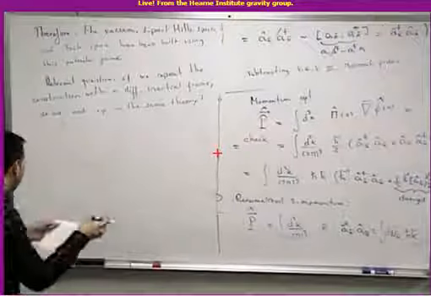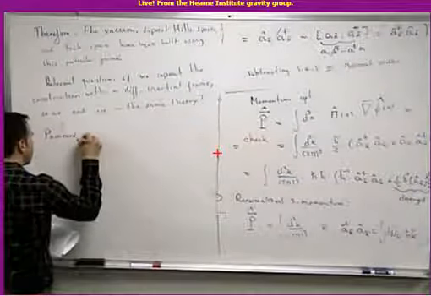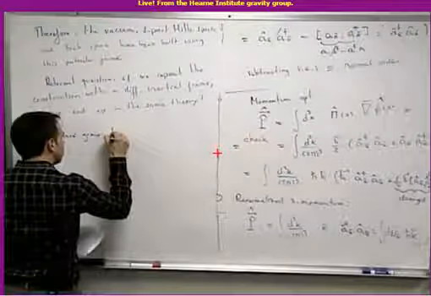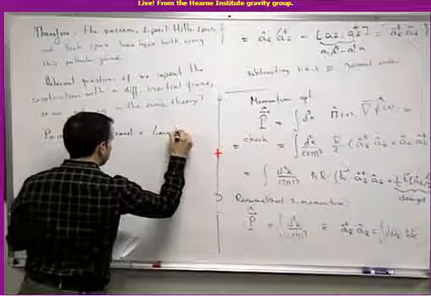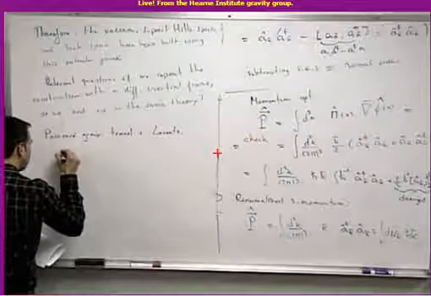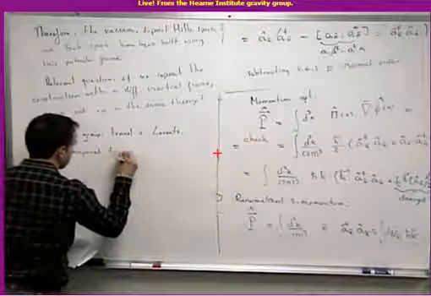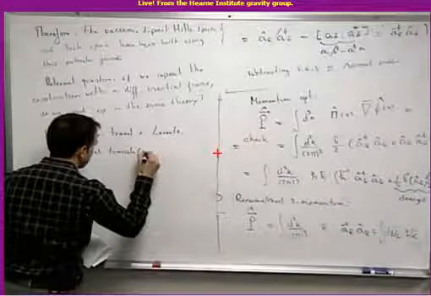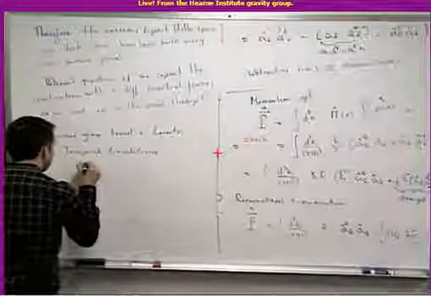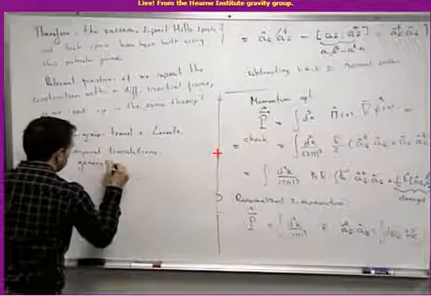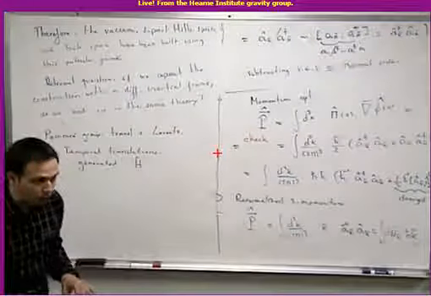Let me start with temporal. So the Poincaré group, remember, is translations plus Lorentz. For temporal translations, they are generated by H. Remember, the operator that generates time-like translations is the Hamiltonian.